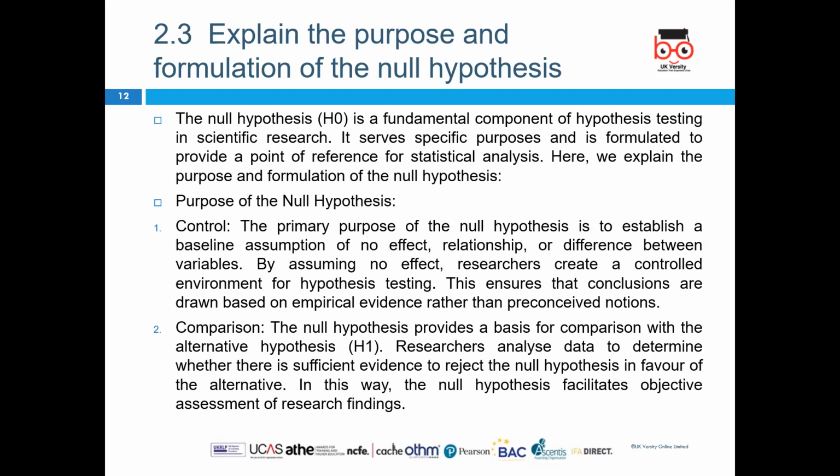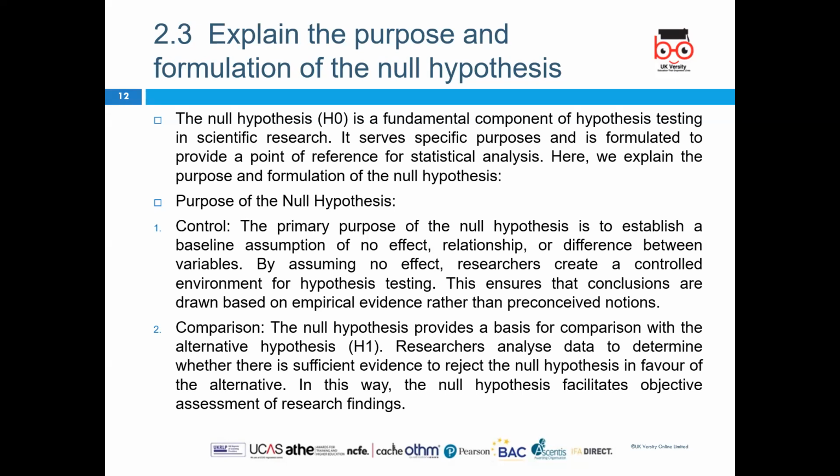The first purpose is control. A null hypothesis establishes a baseline assumption that there is no effect or relationship between the defined variables. By assuming no effect, the researcher creates a controlled environment for hypothesis testing.